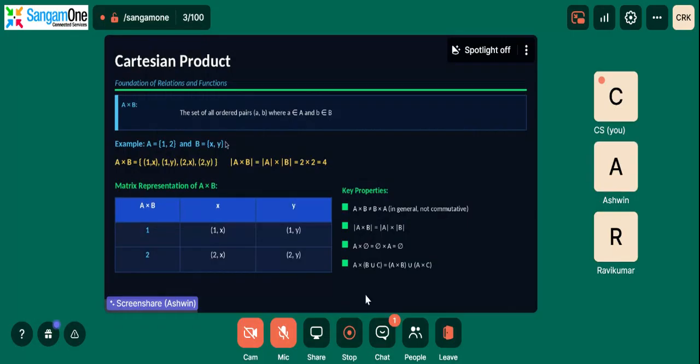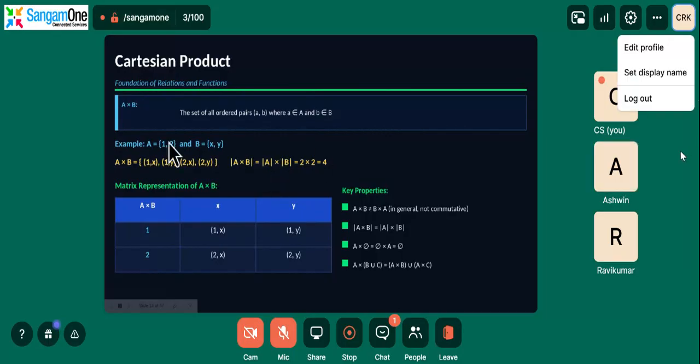We are actually mapping the elements to the other set and writing the ordered pairs. The size of A cross B is the number of elements in A times the number of elements in B, 2 into 2, 4.